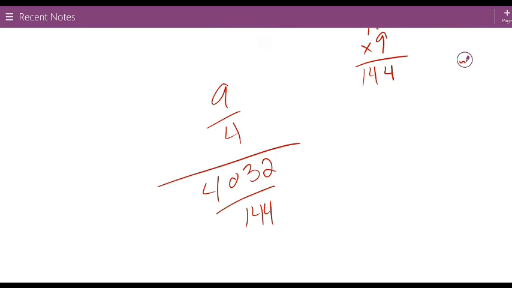Okay, and so now we're going to use our complex fractions of multiplying the extremes and multiplying the means, and then the extremes will give you your numerator, and this will be then your denominator, I believe.